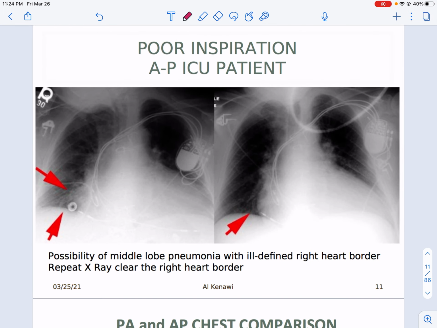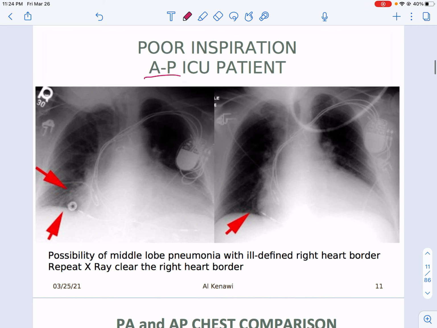We can do the anterior posterior view if we are in the ACU. The ACU patient is most of the time lying down and has many tubes, IV poles, and many monitoring devices. So it's hard sometimes to move all of that and have the patient stand up.